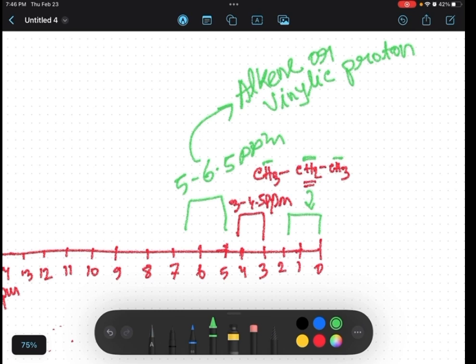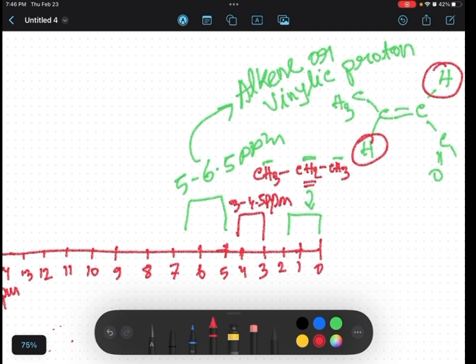How does it look? If you have a double bonded carbon with a proton, something like this, that kind of proton will show up at 5 to 6.5.